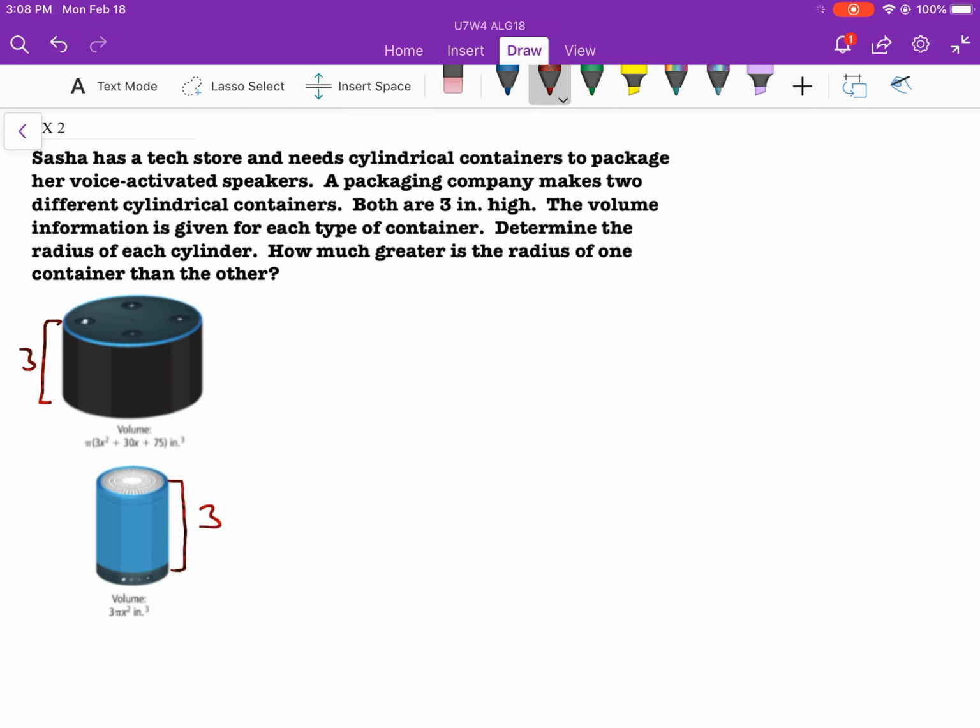So the volume of a cylinder is equal to pi times r squared times h. And it's telling us the volume of this first one is this. Volume of the second is that.